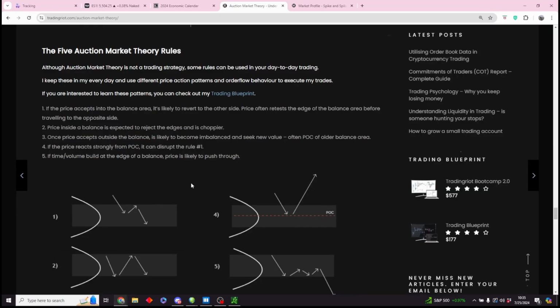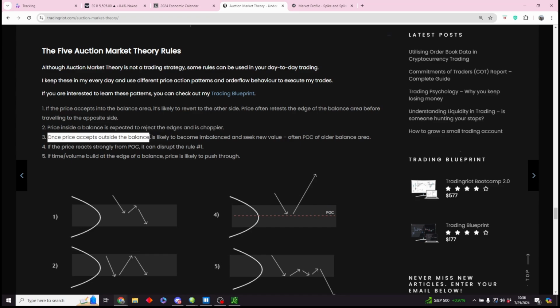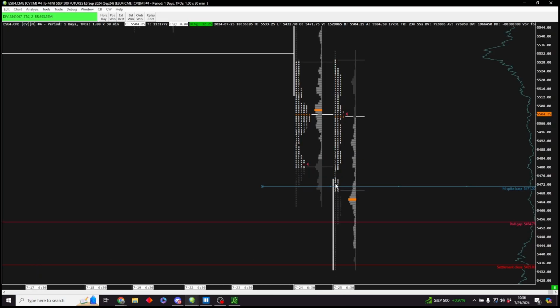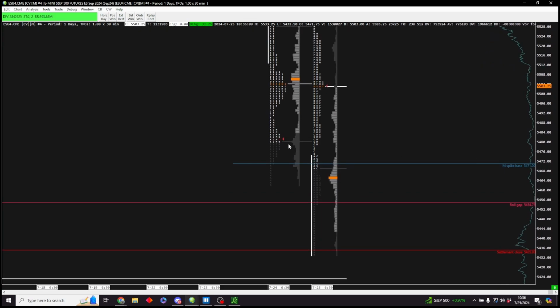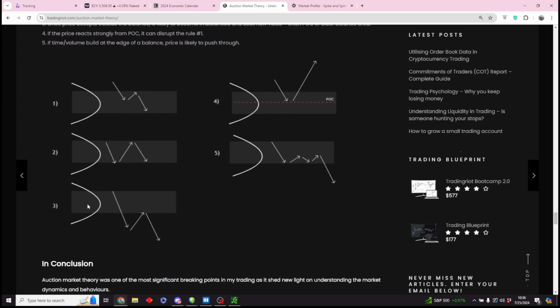That's rule number 3: once price accepts outside the balance, and we opened and closed under this balance, it is likely to become imbalanced and seek new value, often the POC of older balance areas. This is a visual of what it looks like.